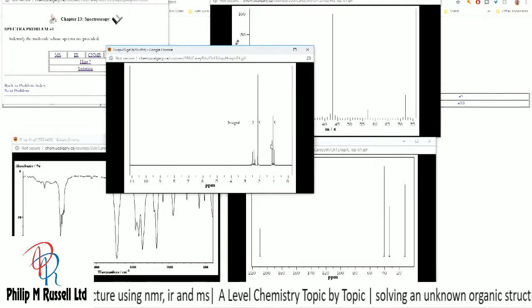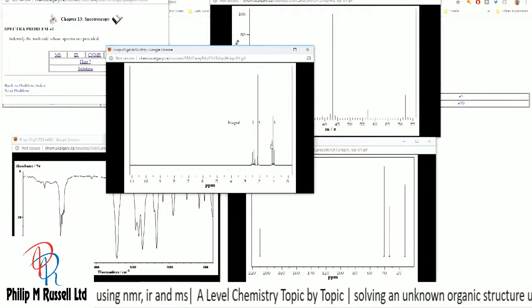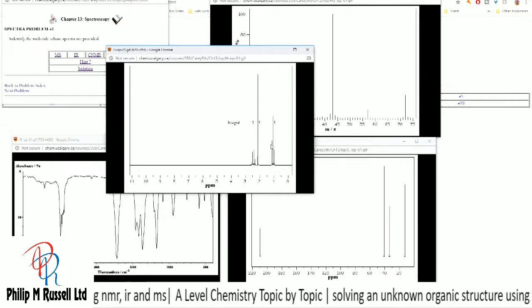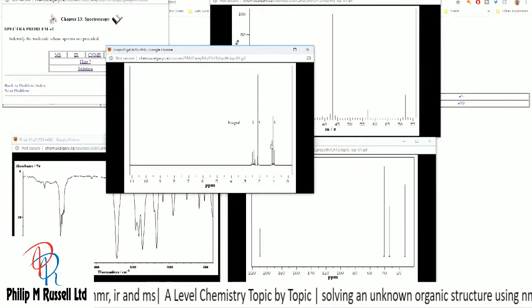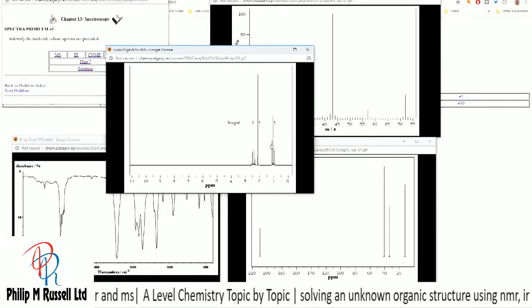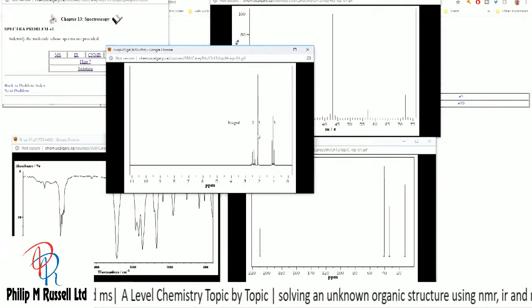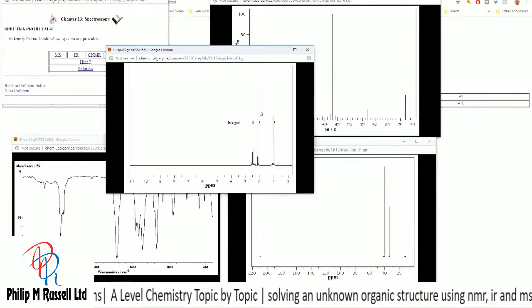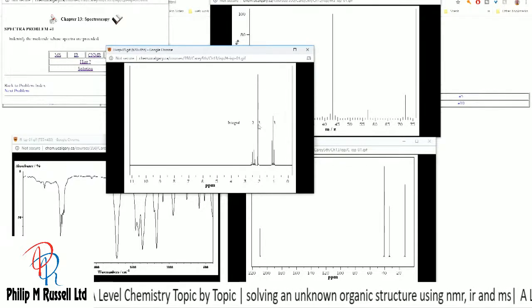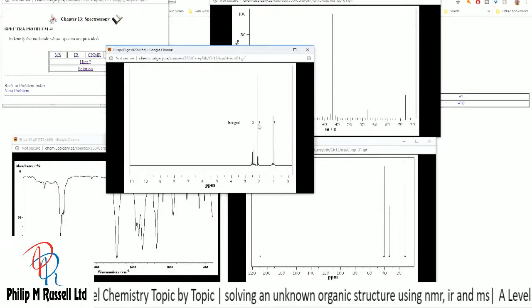With the integral of 3, you're looking at a group of protons that are next to a CH2 because of the n+1 rule. Then, by that argument, if we look at this singlet, that is 3 protons, so a CH3.